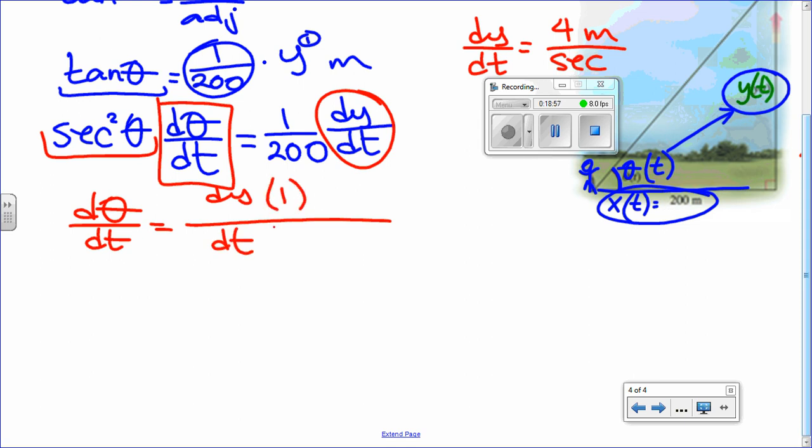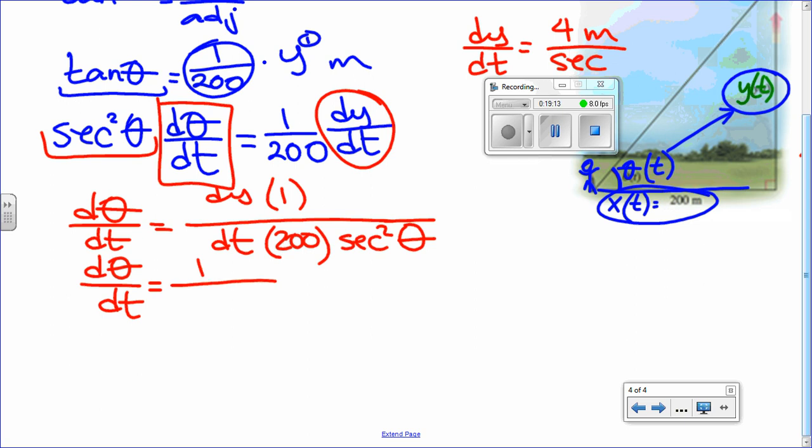We have the 1 here, we have a 200 here, and we're going to take the secant square, and it's going to be dividing here. So let's see what we get, and that's going to be d theta over dt is equal to 1 over 200 secant square theta. I should have just left dy dt here. Okay. Now what I'm going to do here is use reciprocal identities.